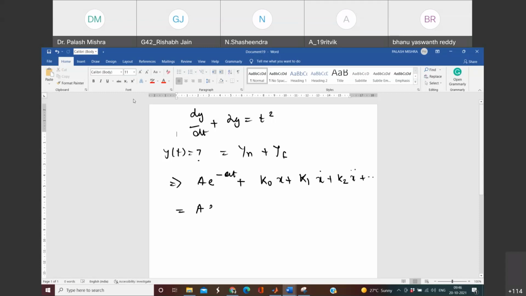In this, what is small a? Small a is 2. Plus k naught times x. What is the excitation in this function?